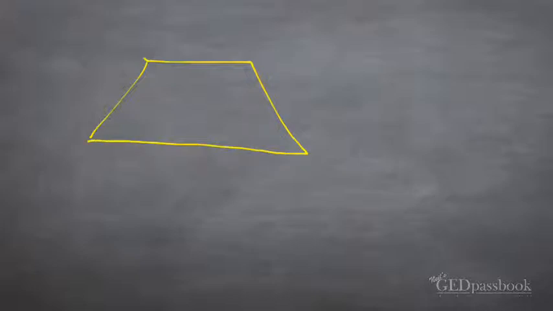Now comes the fun one, which is finding the area of certain shapes. Let's say we're given this trapezoid here. We're given 4, we're given 6, we're given 5.